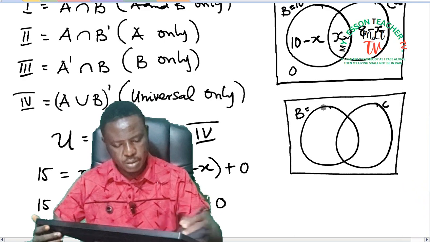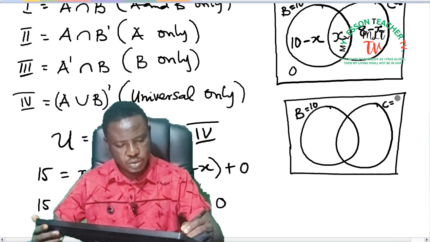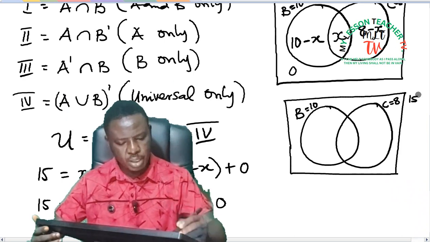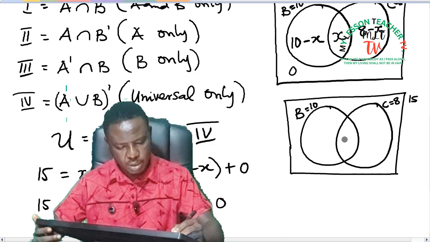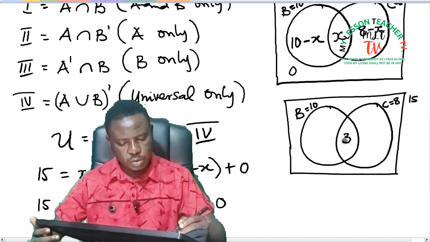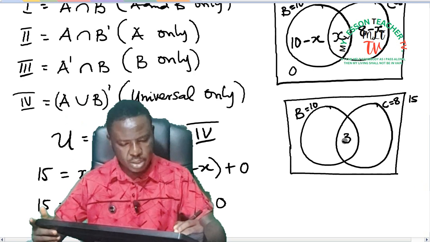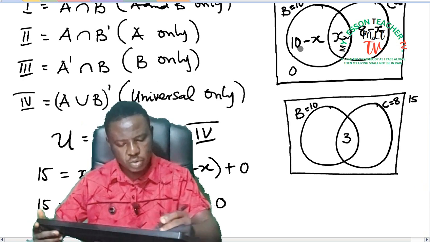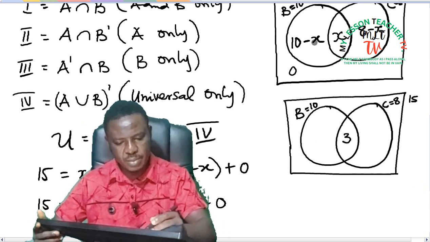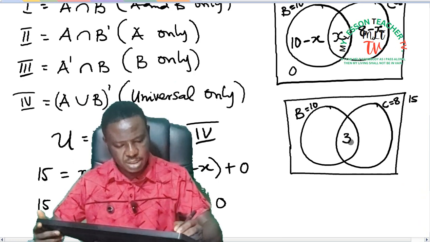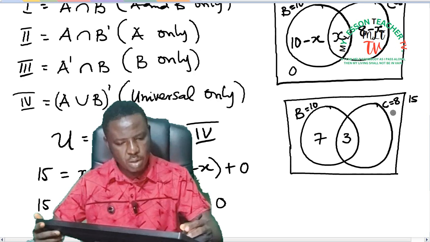The total number of persons that drank beer is 10. For cigarette, those that smoked are 8, and the total is 15. Now, if 3 of the adults confess to have smoked cigarette and drank beer, those that drank beer alone are 10 minus x, of which x is now 3. So 10 minus 3 is 7, while 8 minus 3 is 5.